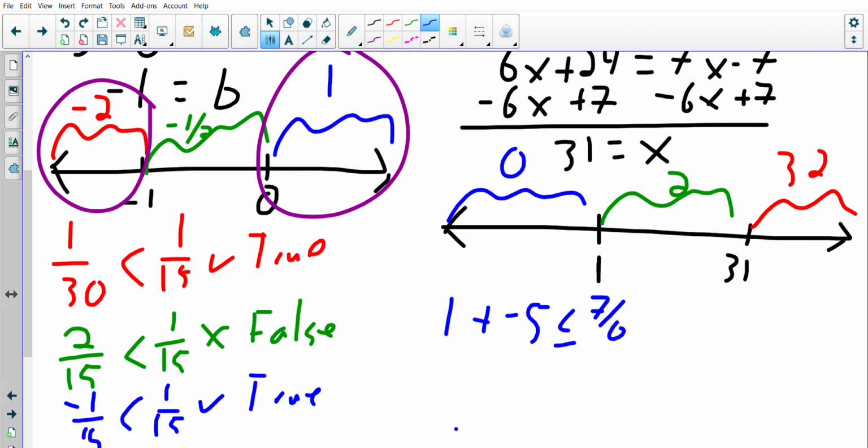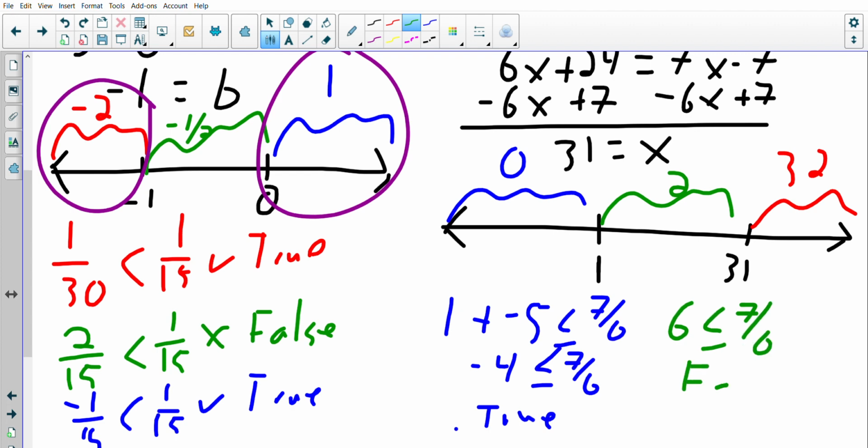And I get -4 is less than or equal to 7/6. True. Next, I'm going to plug in 2, and I end up getting 6 is less than or equal to 7/6. That is false. Keep in mind, all I'm doing is plugging things into the original.